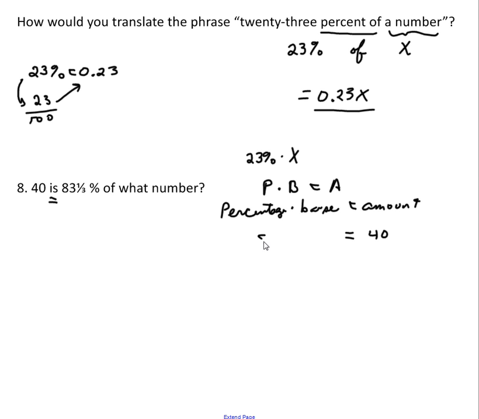We're saying 83 1/3% of some base is going to give us 40. Okay, 83 1/3%. I'm not sure I like going through the whole decimal rewrite of that. So let's try something here. How could we rewrite 83 1/3% most efficiently to make it easy for us to interpret?